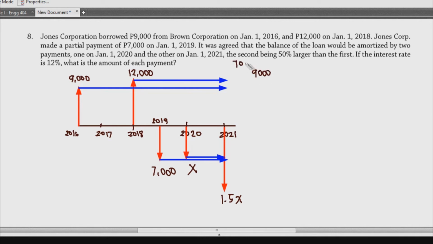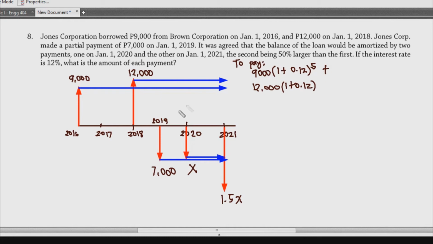So let's say we have here to pay. You have to pay 9,000 and then bring this to future. This will amount to around 1 plus 0.12. So that's 1.12. And then you raise this to your number of years. So that is 1, 2, 3, 4, 5. That is 5. Okay? So this is your first payment for 9,000. This is the amount. And this is added to your 12,000. Pero we have to bring it to your future then. So 1 plus 0.12.